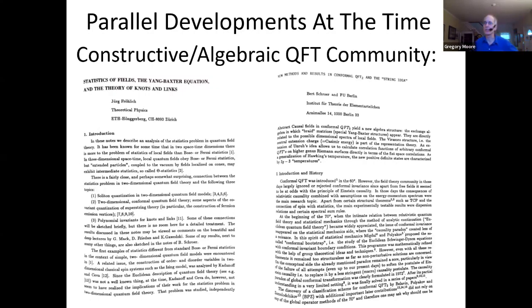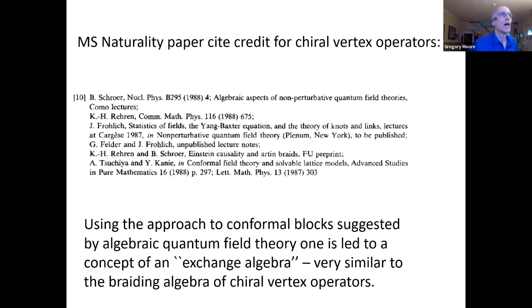But they also understood via some ideas about analytic continuation that they could construct something like chiral vertex operators. And so Nadi and I, when we referenced chiral vertex operators in our paper on naturality, this is the credit we give for the idea of chiral vertex operators.